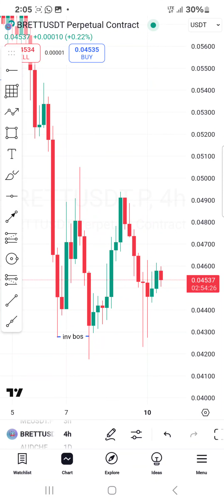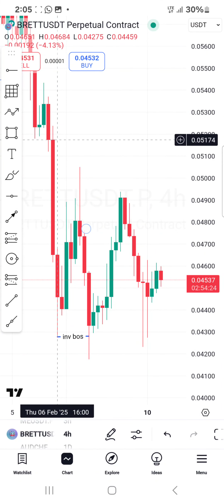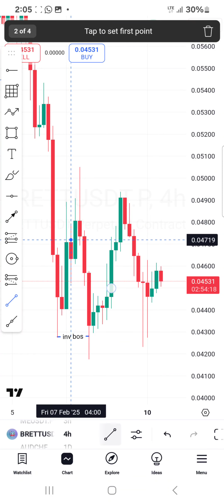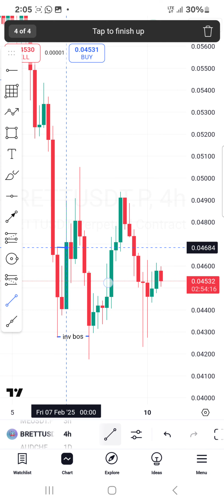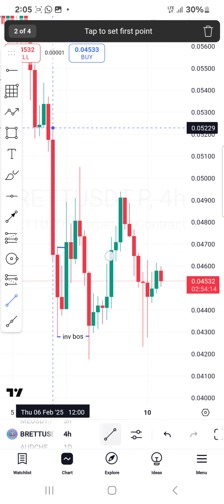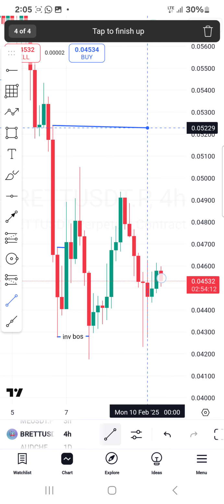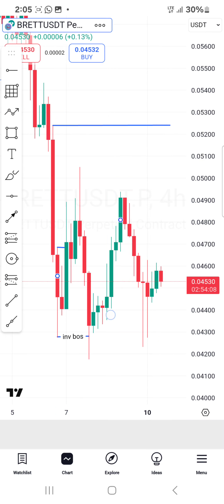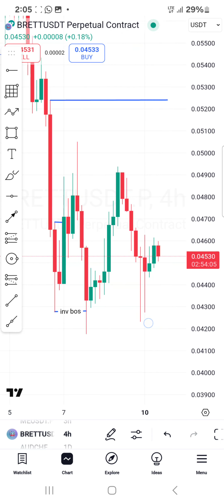For us to confirm that it has changed trend, it has to beat this first break of structure, just like it did, then also take out this one. So it has to take out 2 changes of character for you to be sure that we have changed trend from the bearish trend to the bullish trend.